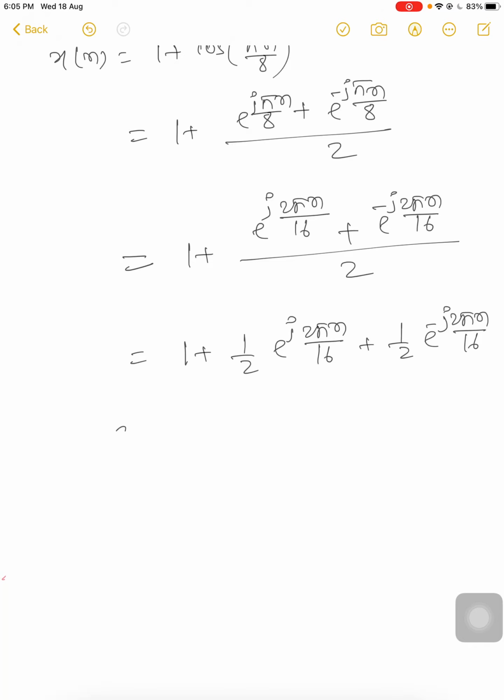This one is the Fourier series, and from here you will get a0 is equal to 1, a1 is equal to 1 by 2, and a minus 1 is also equal to 1 by 2.